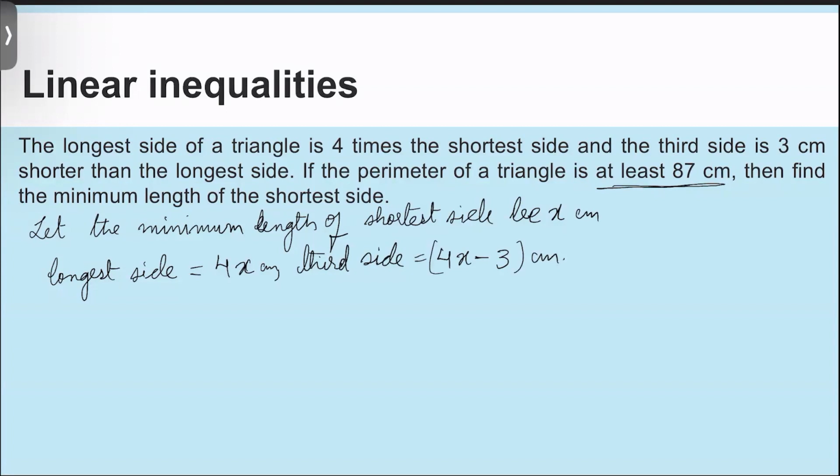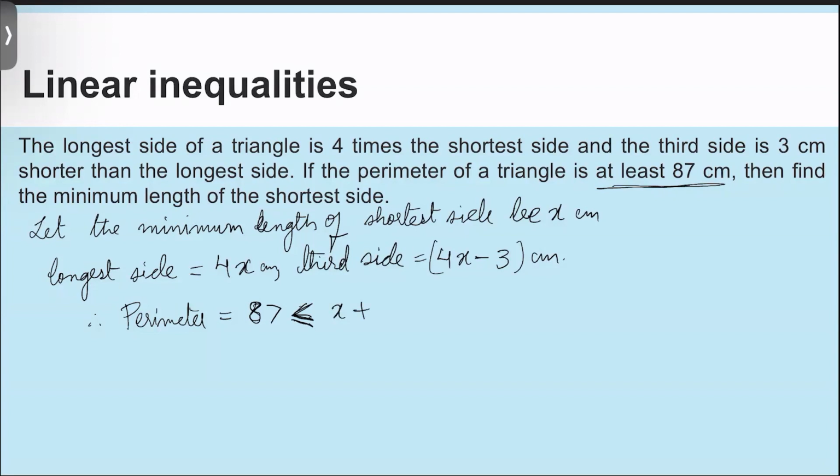Now the perimeter of the triangle is given. Perimeter is the addition of all the lengths of the sides of the triangle. So the perimeter is at least 87, which means it has to be greater than or equal to 87.